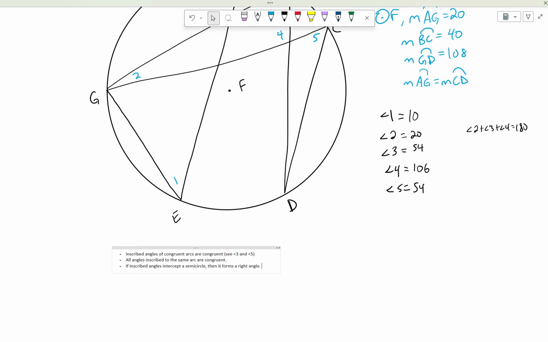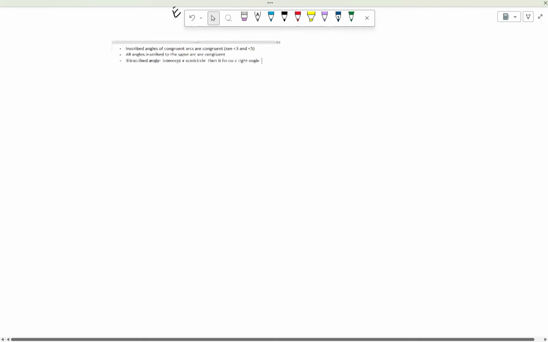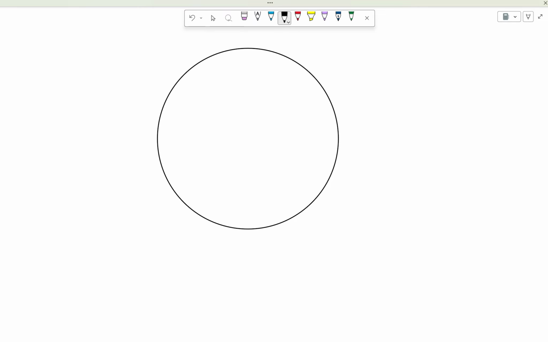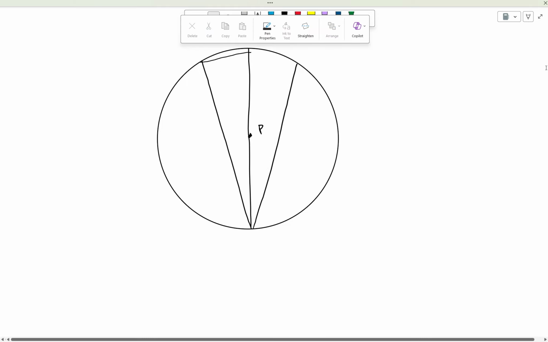Okay. So another problem here. Do another example. I gotta draw these chords here.